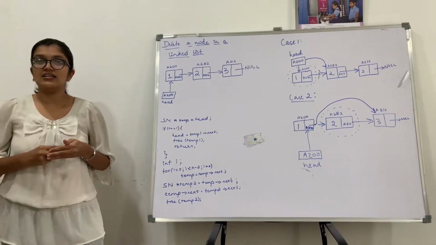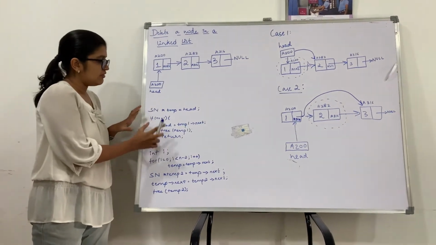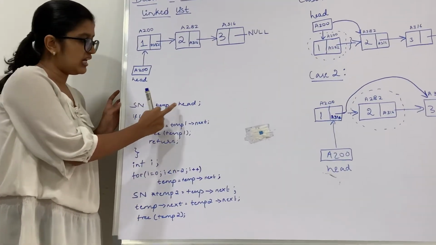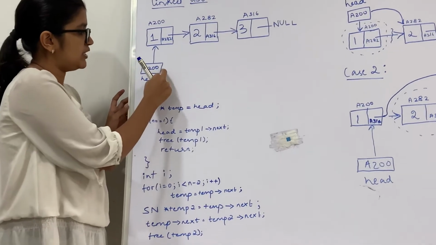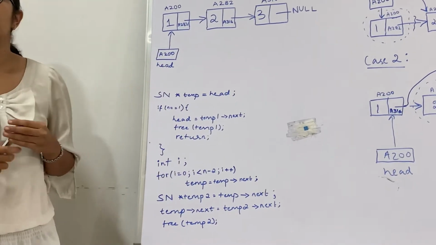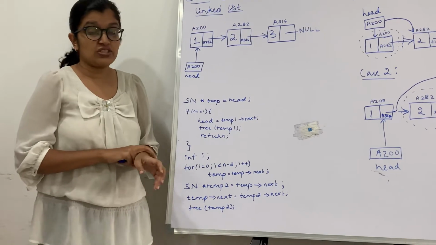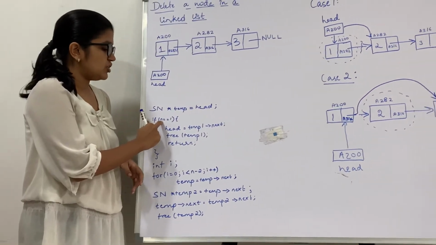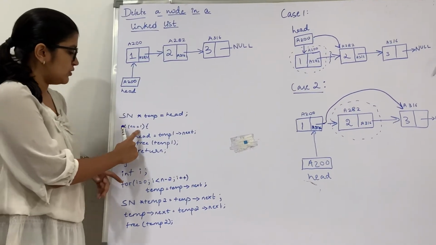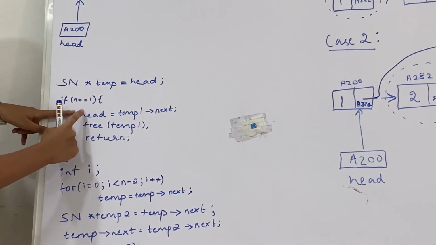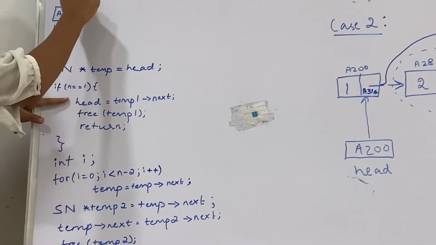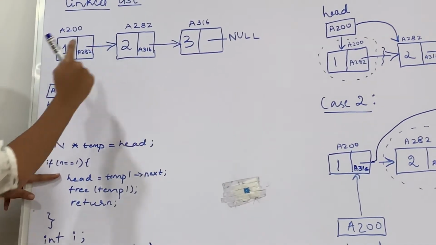If we look at the logic of the code, we will first take a temporary node and make sure the temporary node points to head. We are now going to delete a node based on the position. Let's say the position is 1, so n is equal to 1. At that time, we have to make the head point to the next of the temp node.